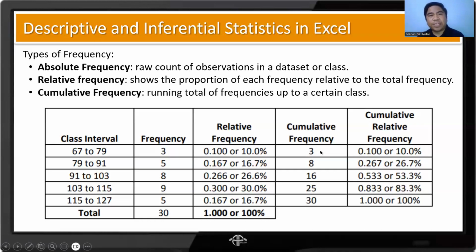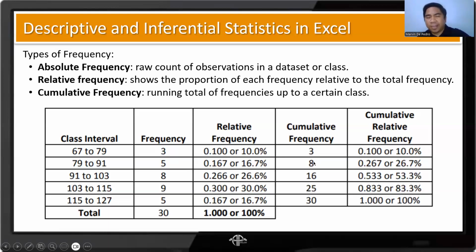For the first row, we just copy our absolute frequency for the first class interval. Now for the second class interval, we add its frequency to the previous one. So 5 plus 3, that would be 8.